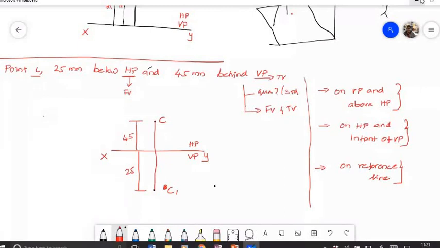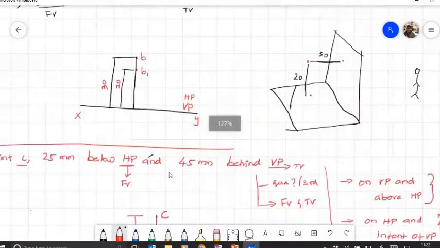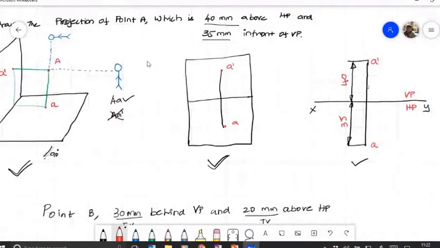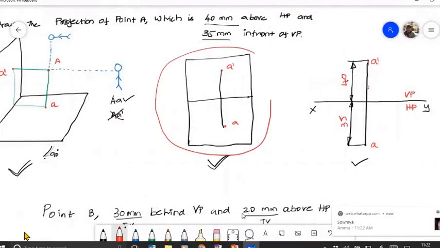But one thing is you need to mention it as C. The point name is C, right? Not A. And Kamlesh Chaudhary, are you there? This you have drawn, so this is not required.